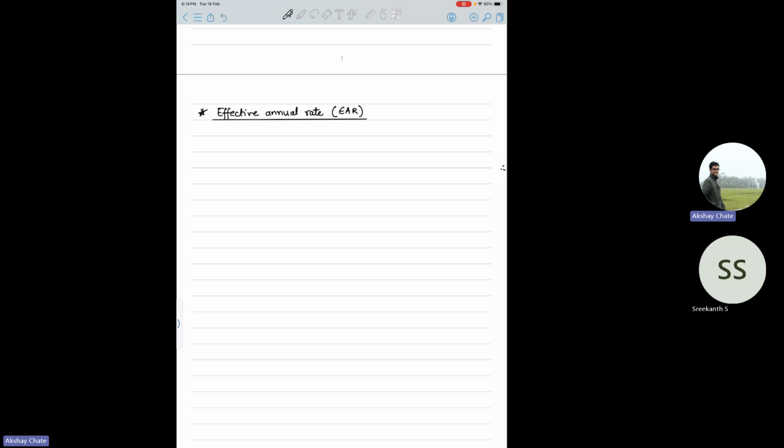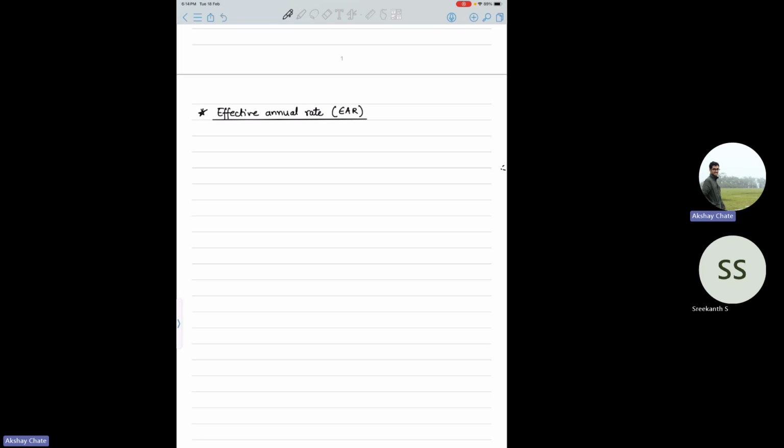We had around 8 formulas. If you understood that part, here you just have to convert the current interest rate into an effective annual rate. How do you do that?